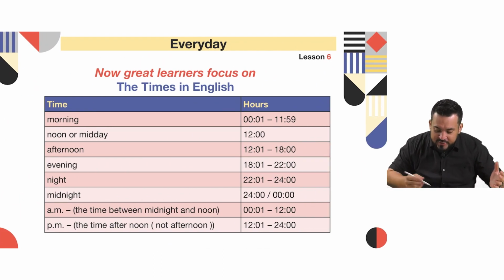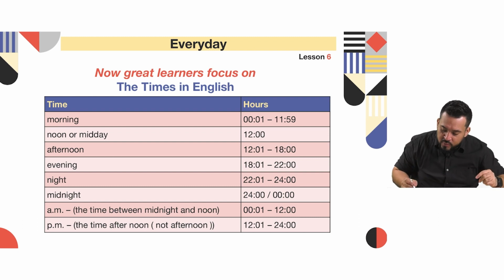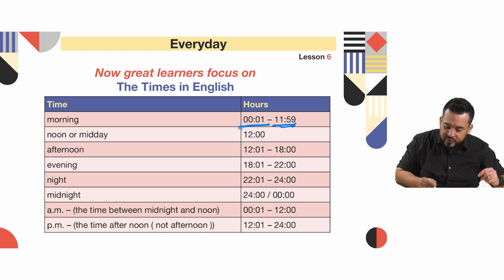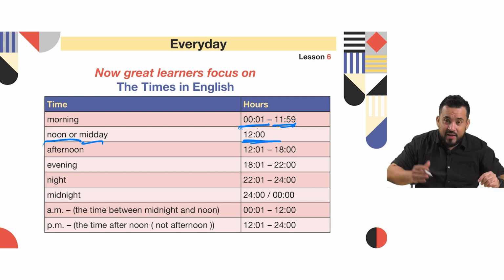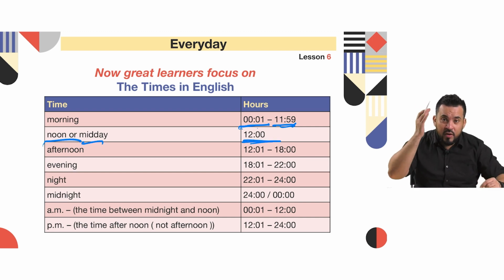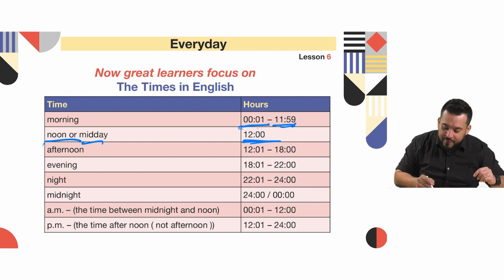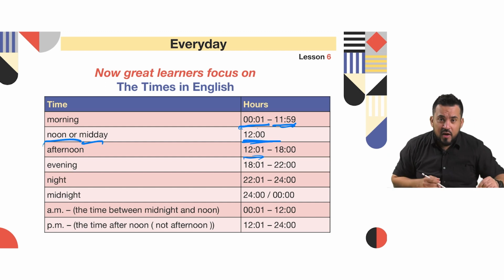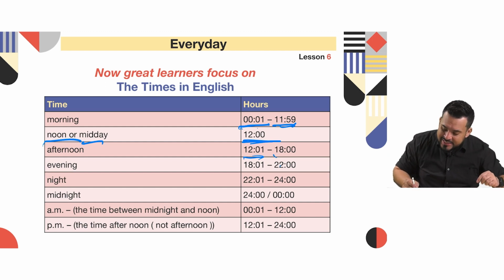So let's see. Time, we have morning from 12:01 to 11:59. This is 1 minute after midnight until 1 minute before noon. This is considered morning. Noon or midday, this is exactly at 12 sharp. Afternoon, it's from 12:01, 1 minute past noon until 6 o'clock.